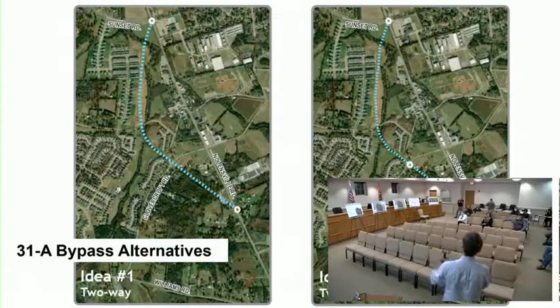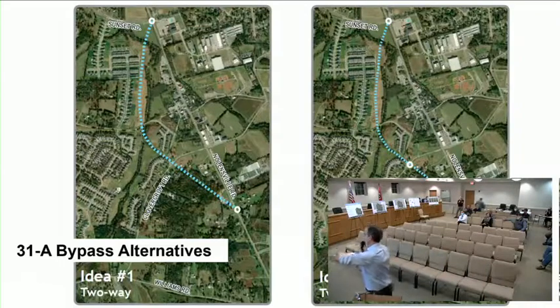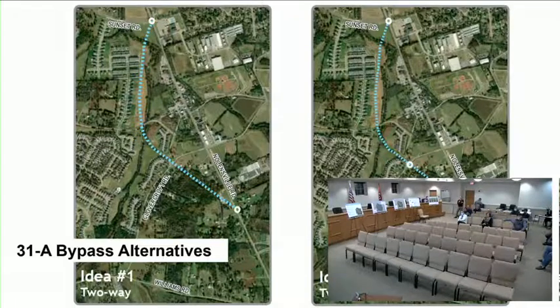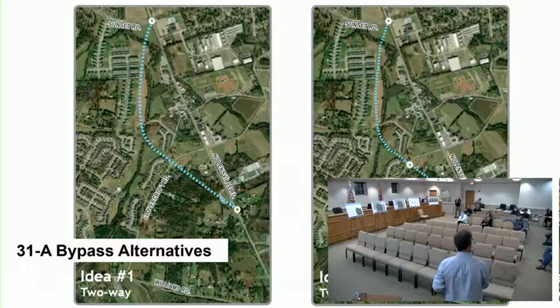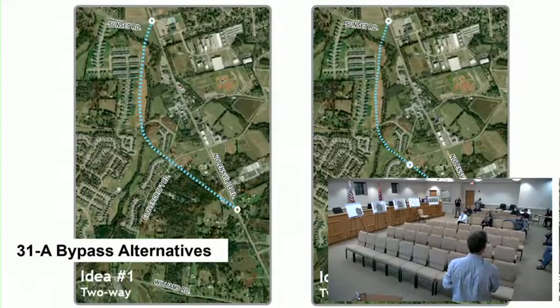So if you were to add this to the model, and we'll do that in the next phase of this project, what will it do to those volumes? And another rule of thumb is, if it's a 3-lane facility and you want it to operate at a level of service D, which we were talking about as a standard, you're looking at about 17,500 cars a day it could handle. I'm not saying it's going to pull that, but it could handle that.